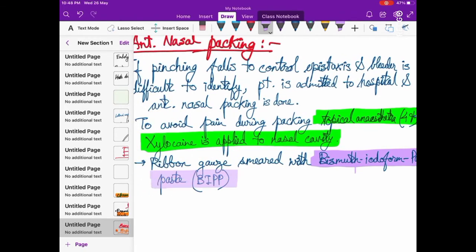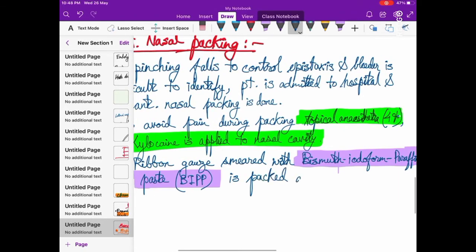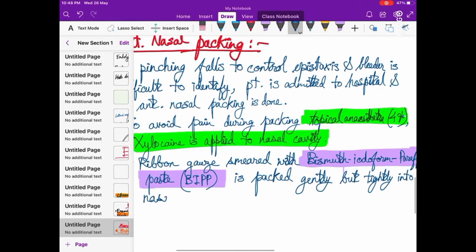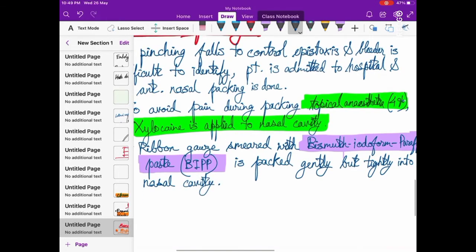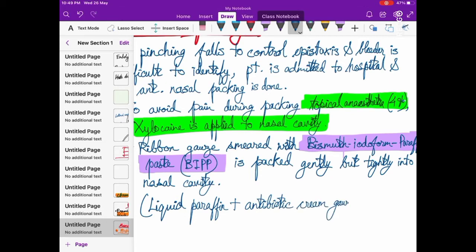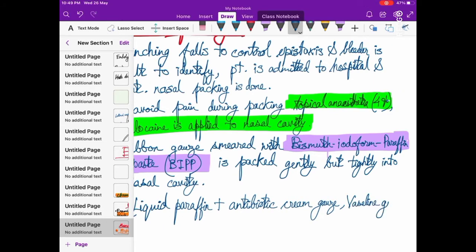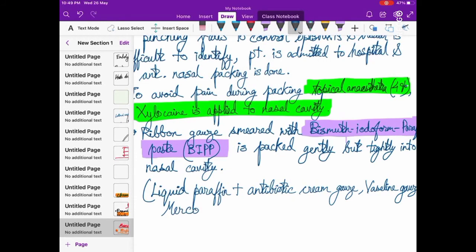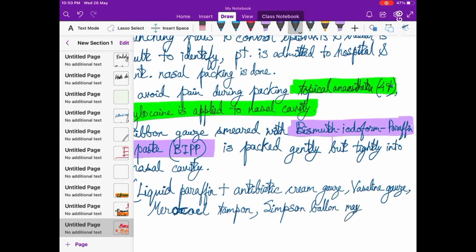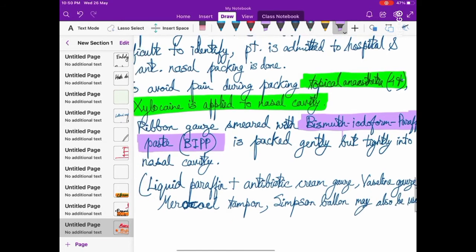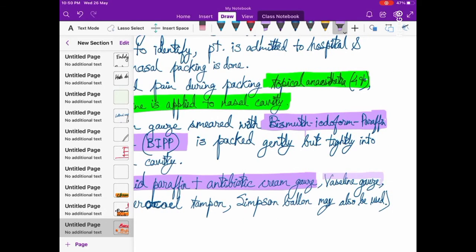Bismuth iodoform paraffin paste (BIPP) is packed gently but tightly into the nasal cavity. Liquid paraffin plus antibiotic cream gauze, Vaseline gauze, Merocel tampon, Simpson balloon may also be used.